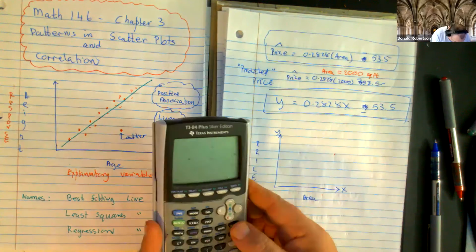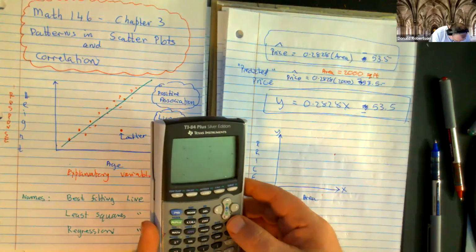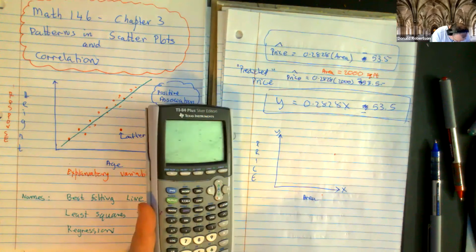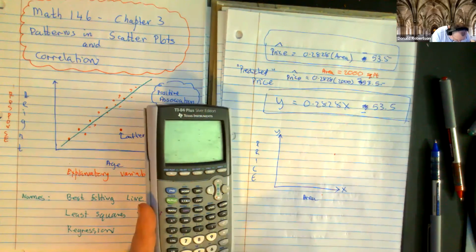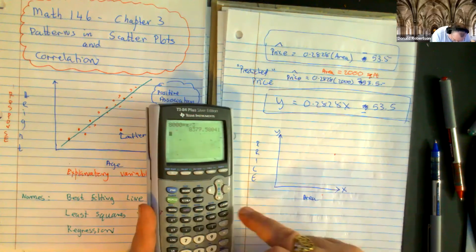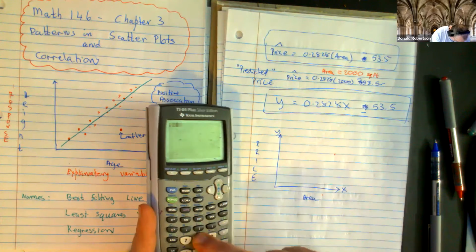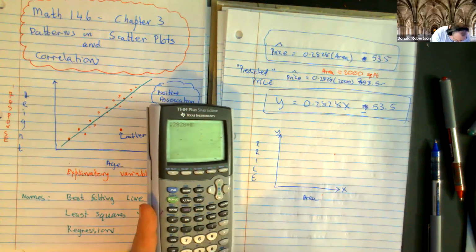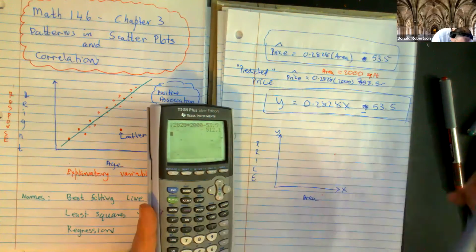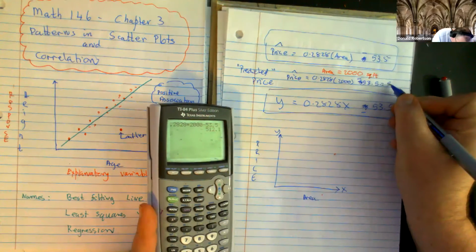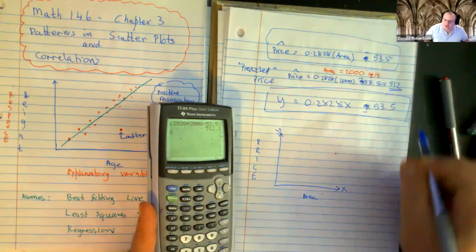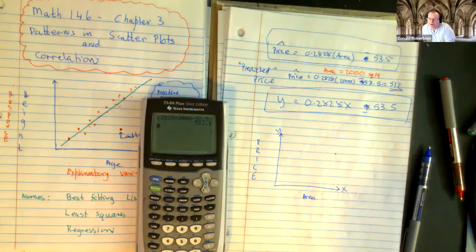So let's see what this guy looks like. 0.2828 times 2,000, take away 53.5. And to the nearest whole number, 512,000. So in 2010, I could have sold that house for about $500,000.